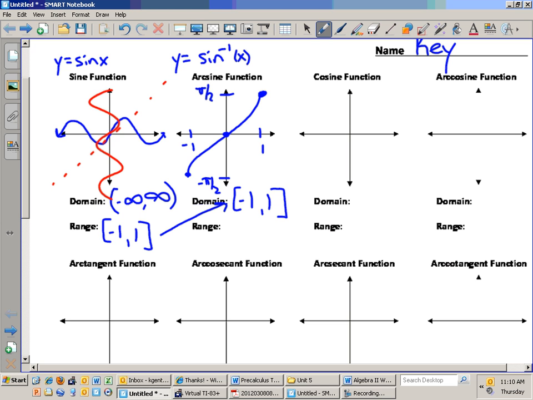And so we can't draw all that. We can't continue to repeat ourselves because it wouldn't pass the vertical line test. So we have to stop there. So we have the domain from -1 to 1, but now what's the range? Because that's been changed. What's the smallest y value and the biggest y value? Yep, from negative pi over 2 to positive pi over 2.